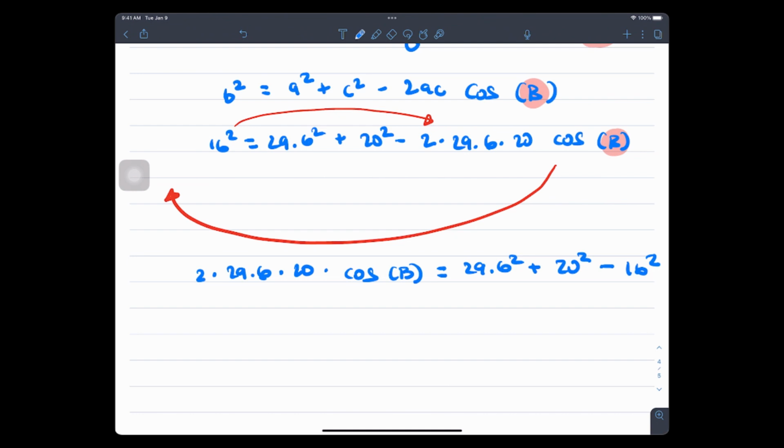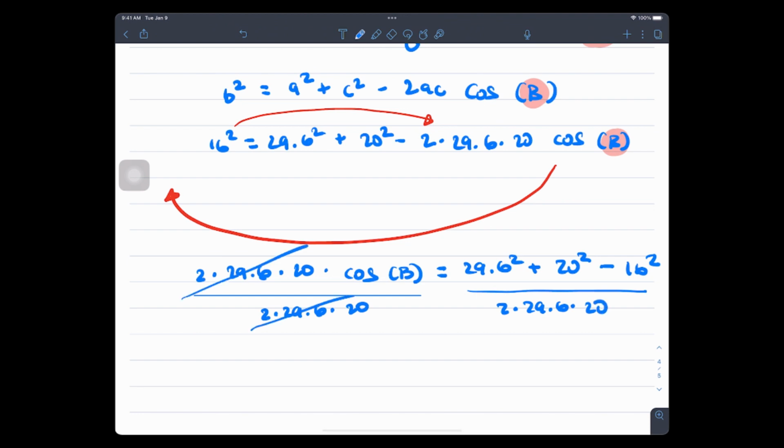It's called translation. And then what are you going to divide both sides by? Do you guys know? You divide both sides by 2 times 29.6 times 20. So you get cancellation here and here.